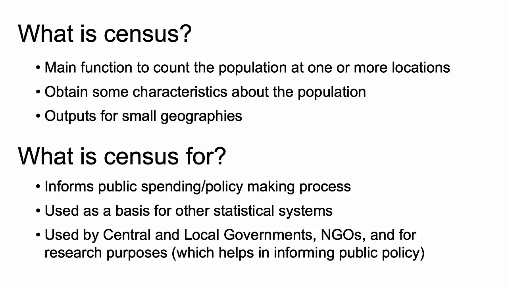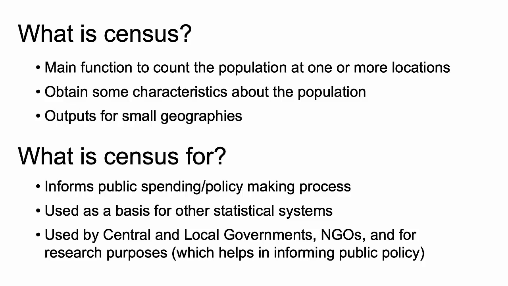In terms of what it's for, well, the census informs public decisions and public spending. So things like local government grants from central government depends on findings from the census. It's also used as a basis for a lot of other statistical products. For example, if you're designing your own survey, you'll use information from the census to design your survey sample and to see if your sample size is correct.